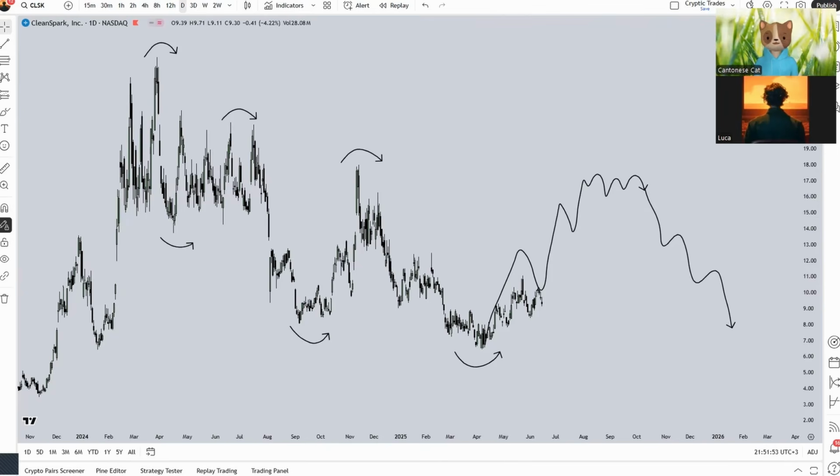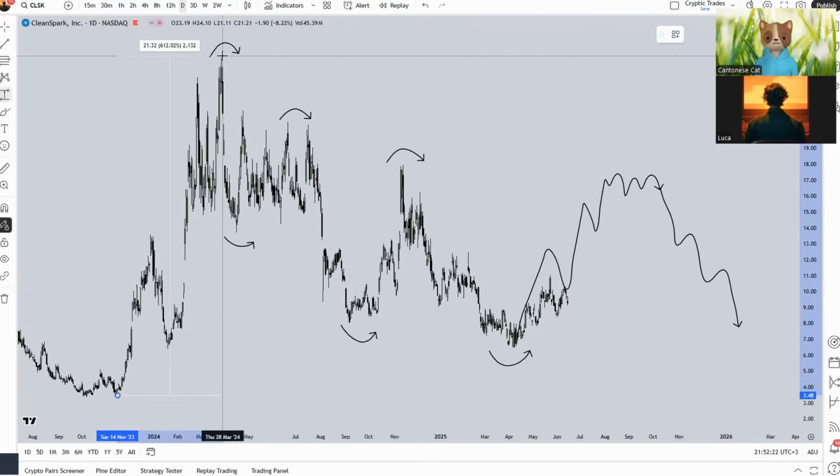Looking back at it, hindsight is 20/20. I can show some of my CleanSpark charts in a second, but I still think it runs with the IWM and the whole global liquidity phase. I still believe that CleanSpark was one of the early runners throughout 2023, and I think it just went way too far, so a lot of people are actually getting more complacent to the downside.